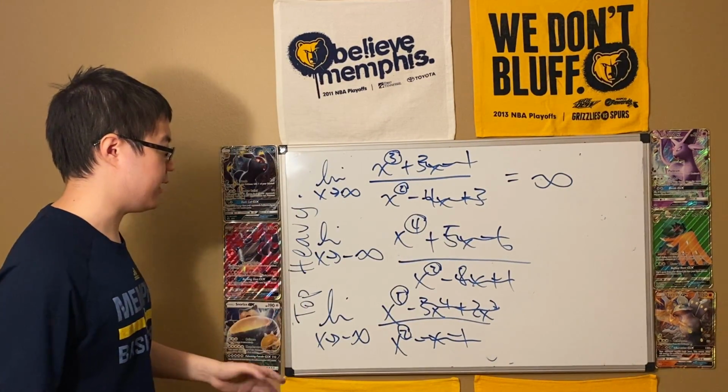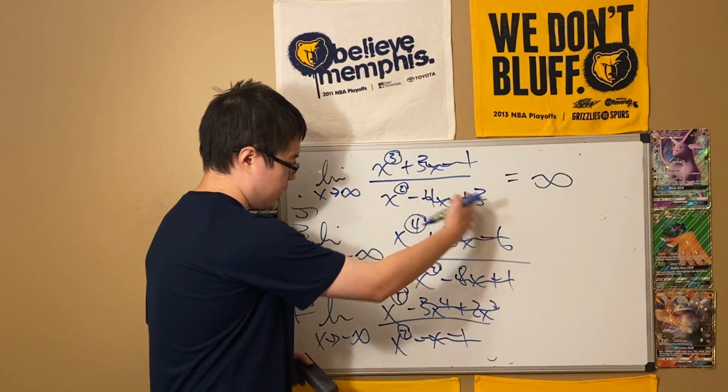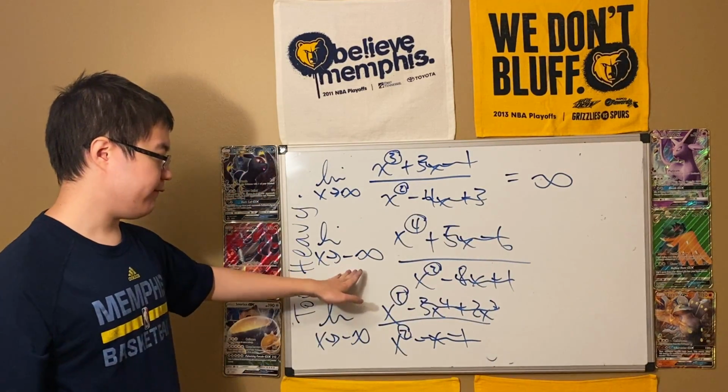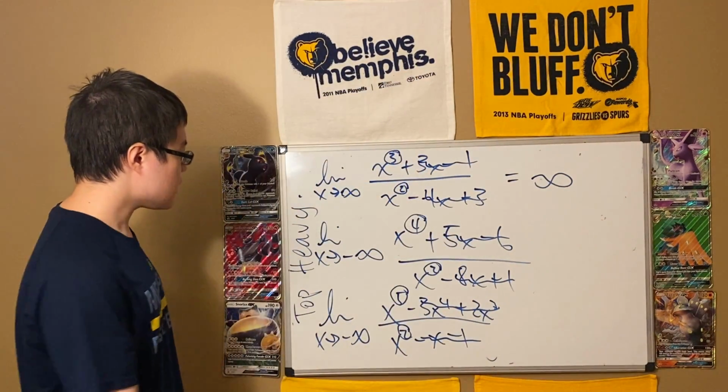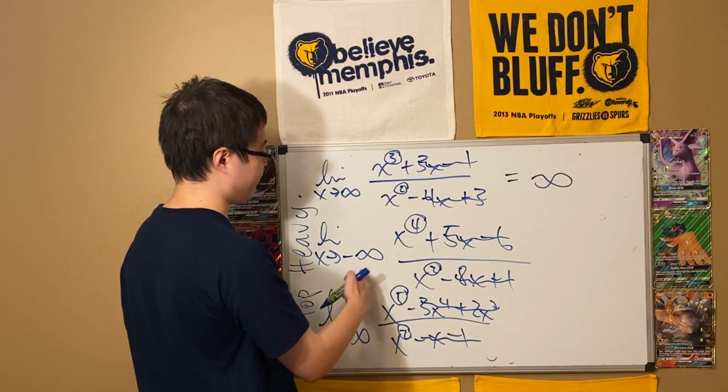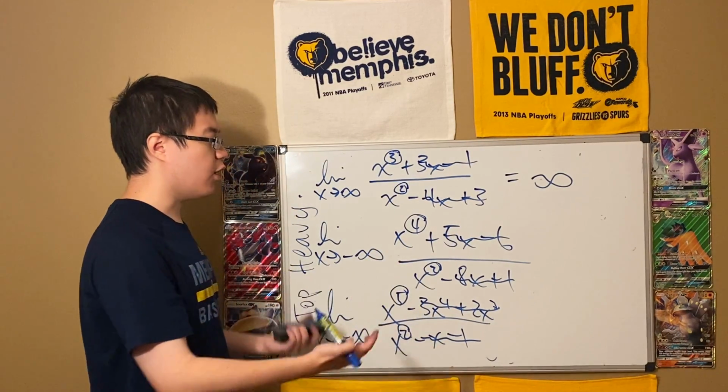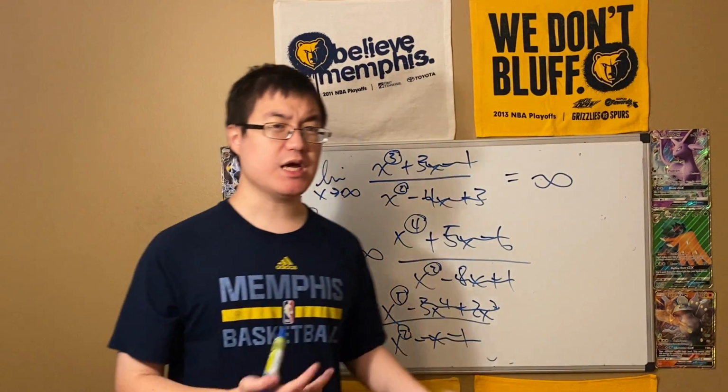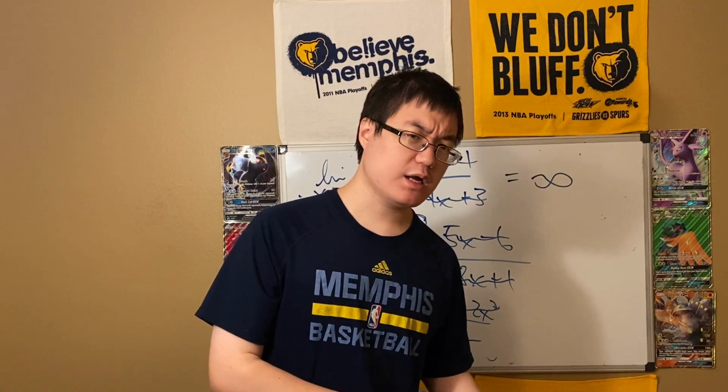So let's try to see that in action. Here we have another top-heavy question, but we have negative infinity, and we should be careful of negatives when we're doing top-heavy. You're going to plug in negative infinity into the x to the fourth, and all you're going to see is, do I get a negative number or a positive number?